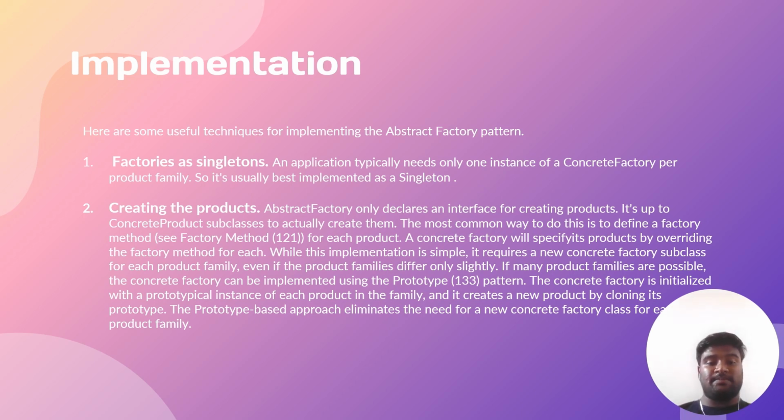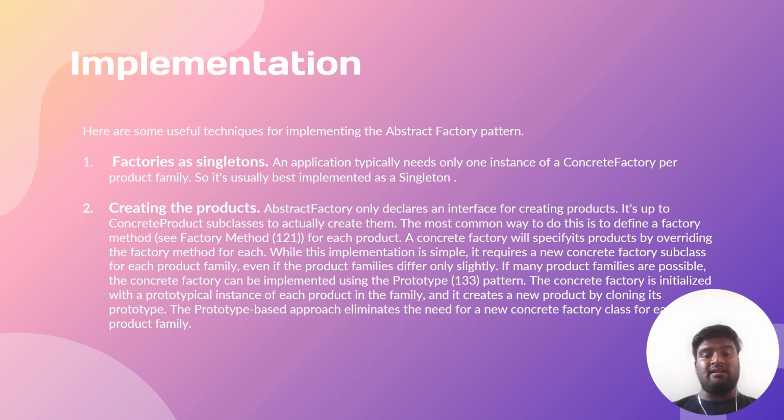Creating the products. The abstract factory only declares an interface for creating products. It's concrete product subclasses that actually create them. The most common way to do this is to define a factory method for each product.